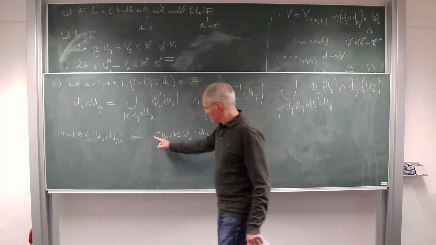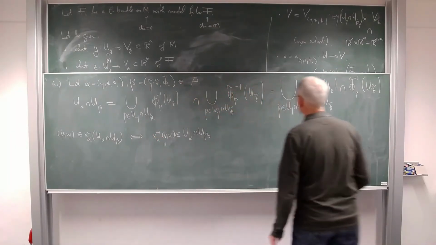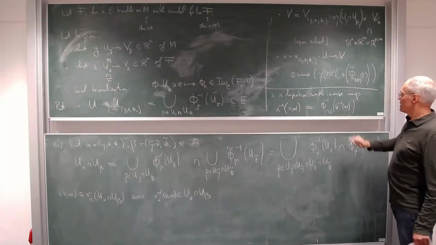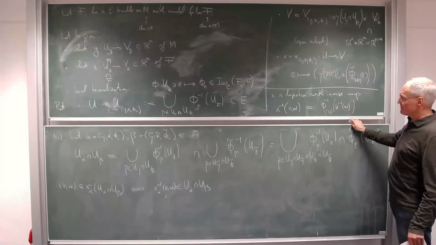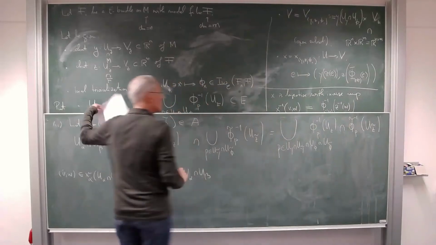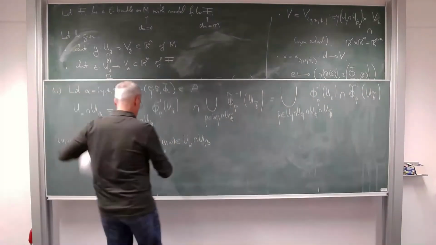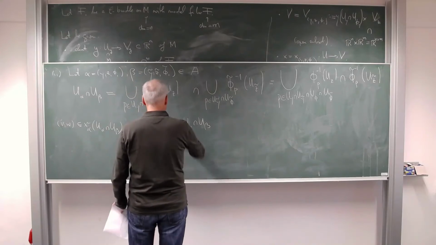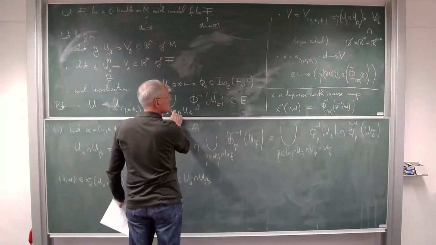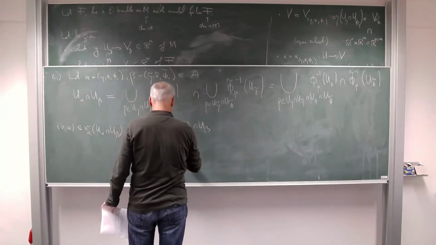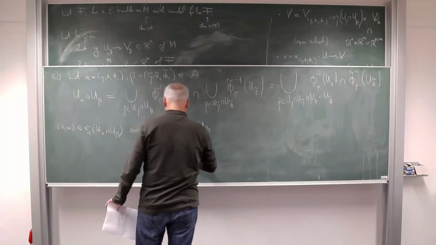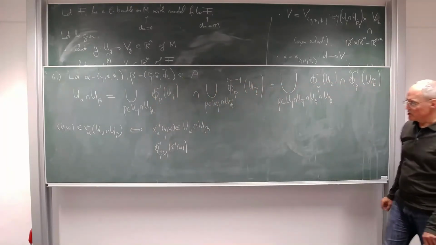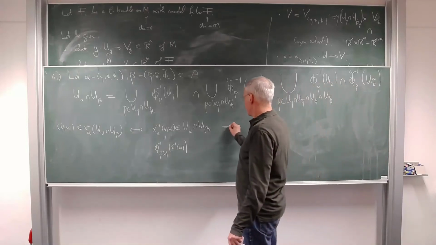And I had a simple formula for the inverse of such a chart map, which should still be here somewhere. It's this one. So let me copy that one. So this would be y to the minus 1 of v, applied to z to the minus 1 of w. Okay, that's the condition. And this is if and only if.